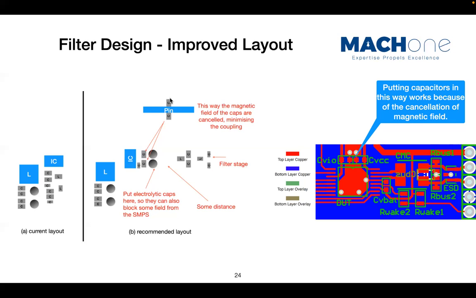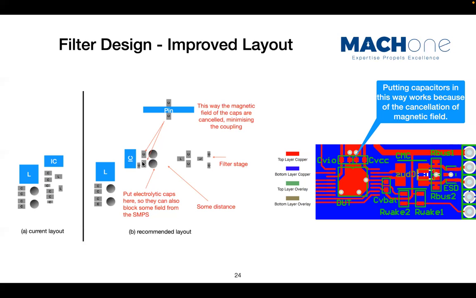What you do is you put two capacitors in this head-to-head position. That means when the current flows to the capacitors, it will create two currents with 180-degree phase shift. So the magnetic field between these two capacitors will be canceled out. That's a very effective canceling scheme we often use.